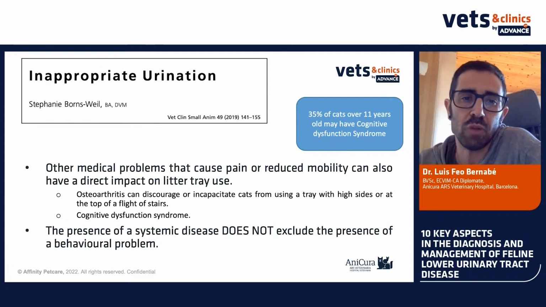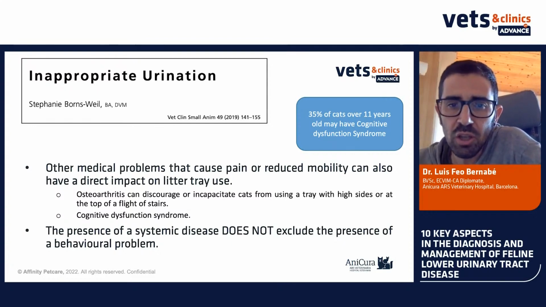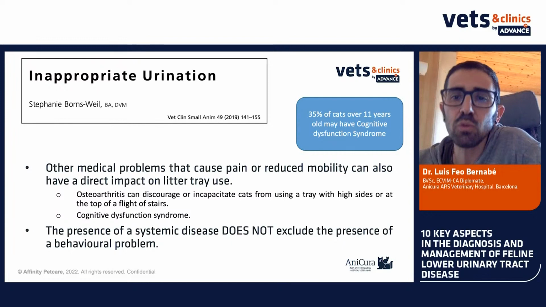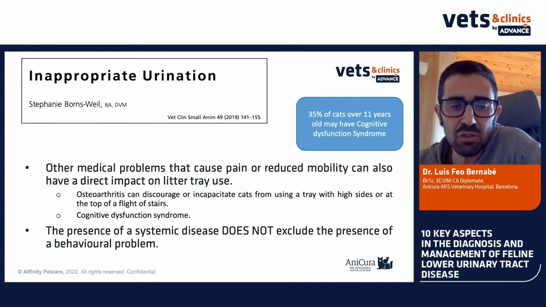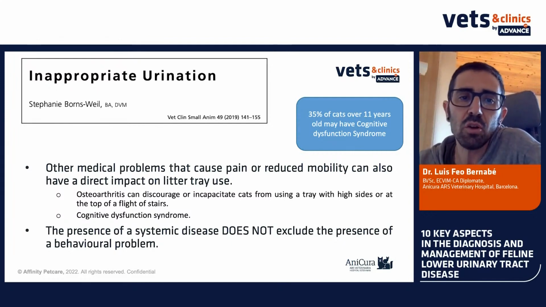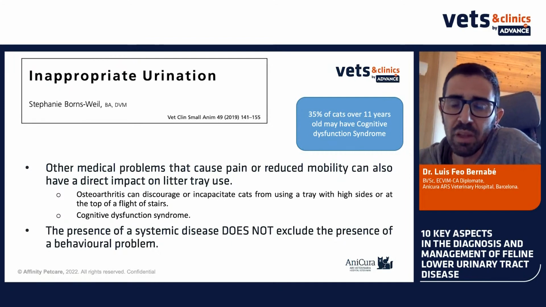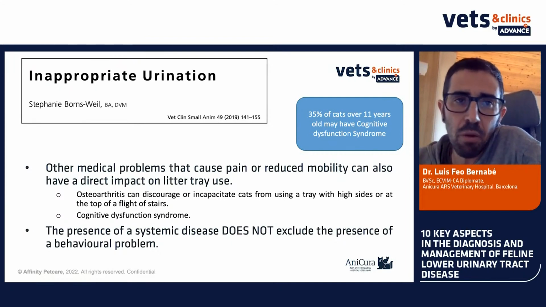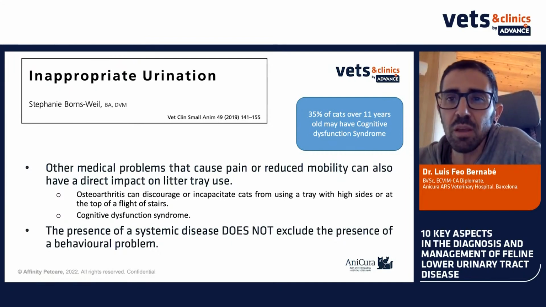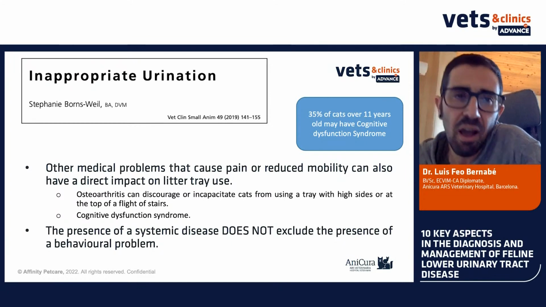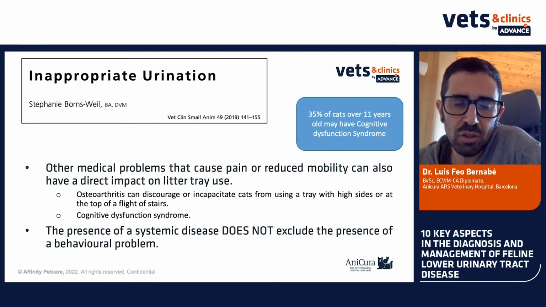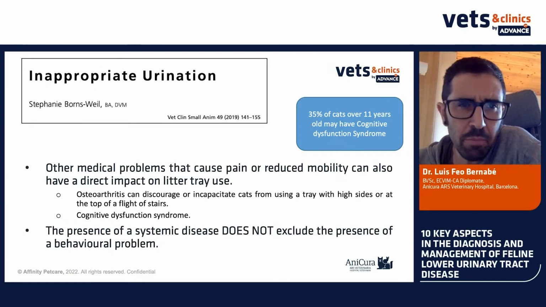One is osteoarthritis, that can cause pain and difficulty going into the litter tray, and also cognitive dysfunction syndrome. Just to remember that around 35% of cats older than 11 years old have this dysfunction, so they can have this inappropriate urination, and it's important to remember.